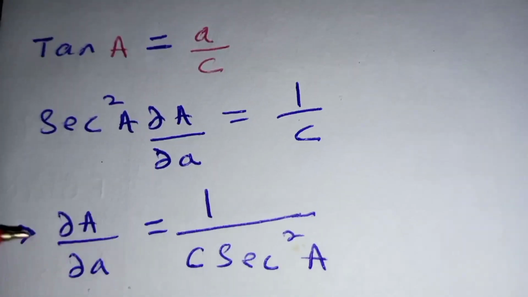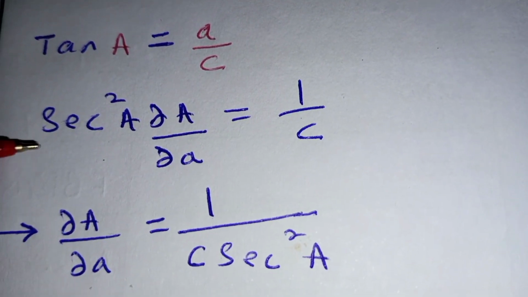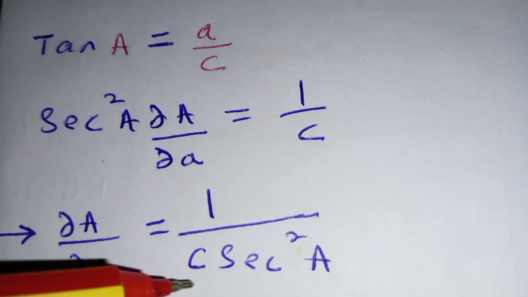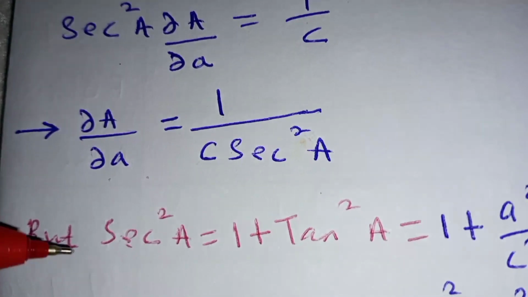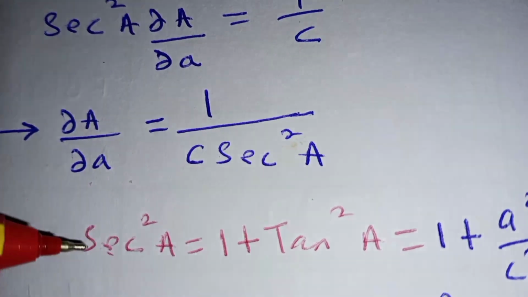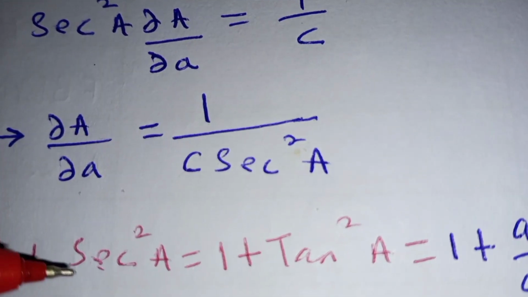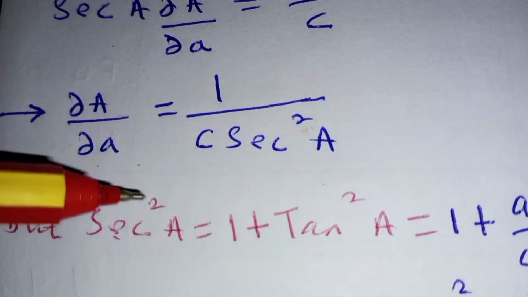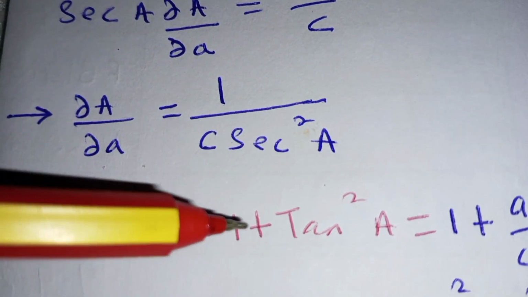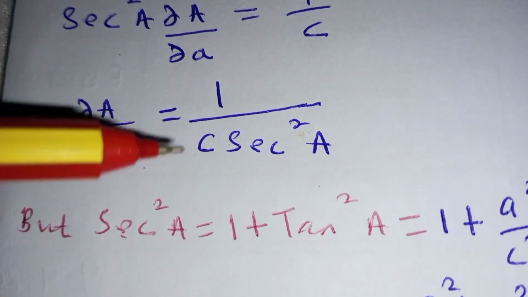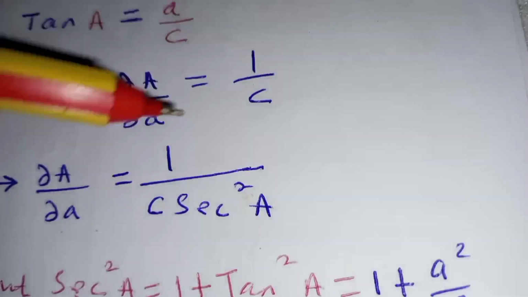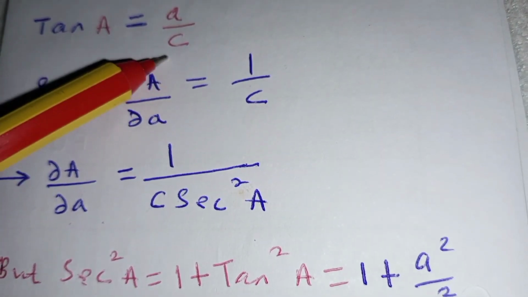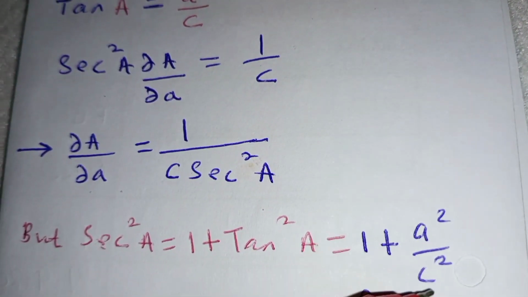Then we divide by sec squared A on both sides to obtain this. From there, we make use of this trigonometric identity, whereby we know from differential calculus that sec squared of A is the same as 1 plus tan squared of A. Now we substitute, instead of tan squared A, a squared over c squared.